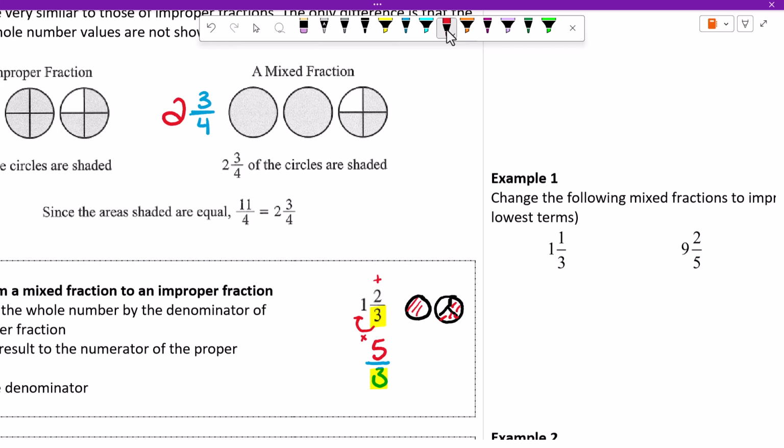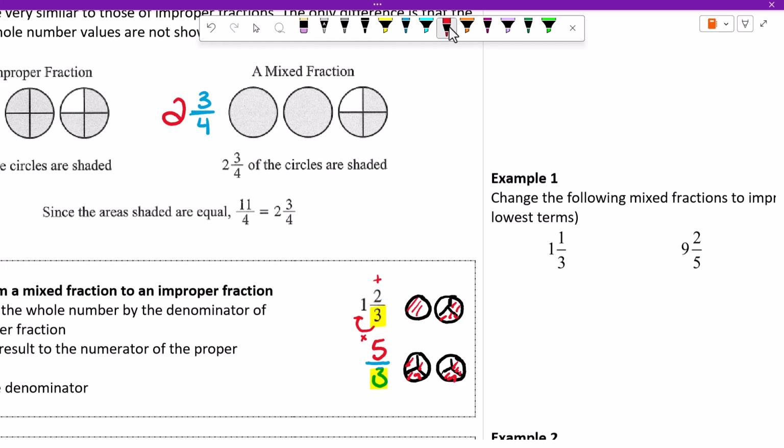Whereas the other one would be 2 circles, both cut up into thirds, and 5 of them are shaded in. So 1, 2, 3 on one, and 2 on the other. So it means the same thing, right? So this one means that there are 5 actual pieces shaded in.